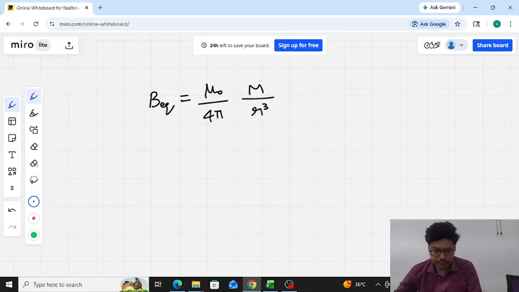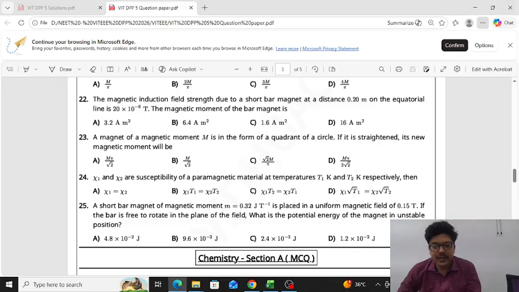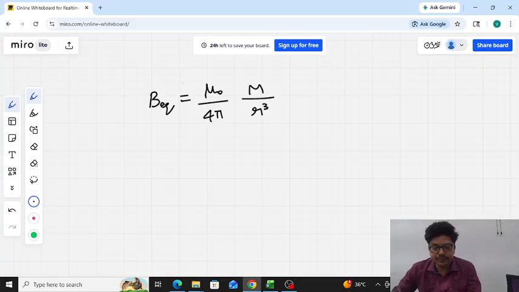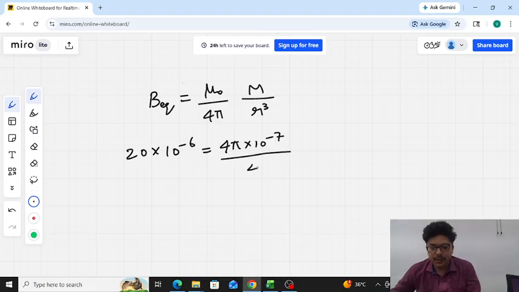So the magnetic field is given as 20 into 10 power minus 6. This is equal to mu naught, which is 4 pi into 10 power minus 7, divided by 4 pi.